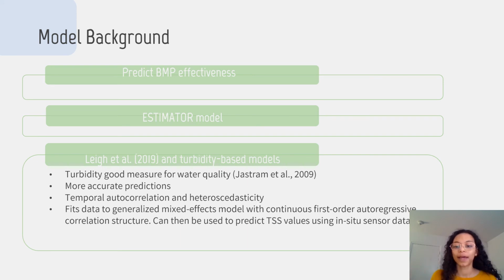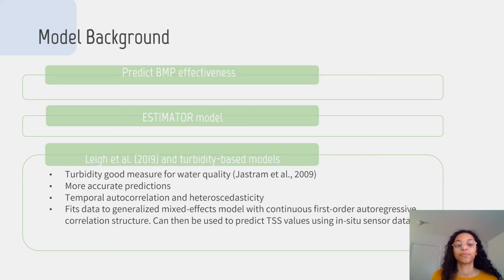So the Lee et al. method model, which we will be employing and utilizing, is a turbidity-based model which uses temporal autocorrelation and heteroskedasticity to account for the variableness in these high transport events. It can be used to predict the total suspended solid concentrations based on the turbidity and conductivity data that the sondes will be collecting.